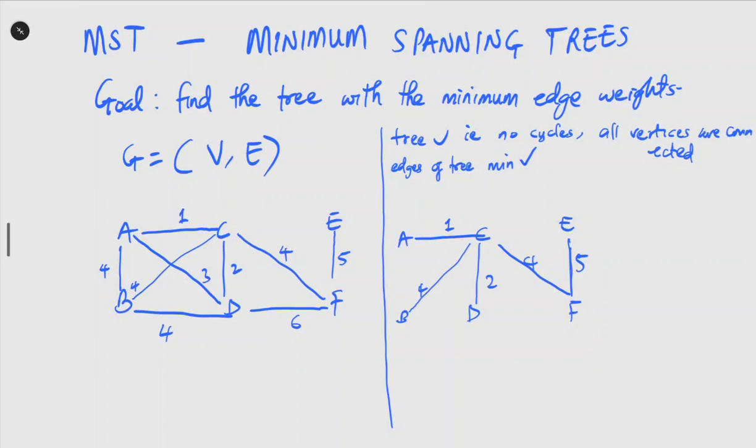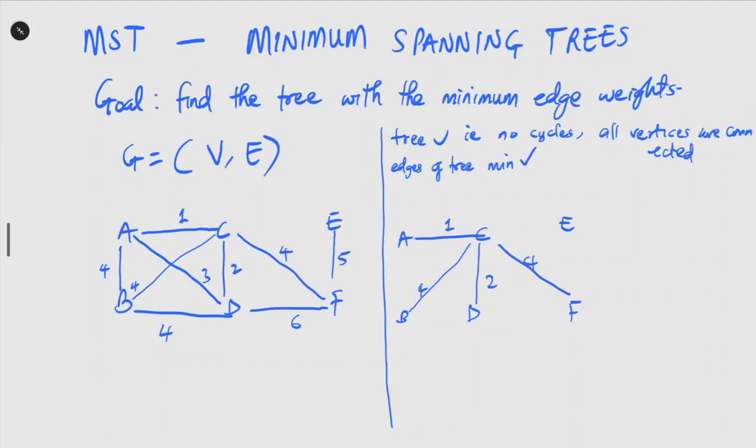So let's confirm that this checks these two boxes. Number one, we want to check that this is a tree. That is, it has no cycles and all the vertices, sorry, are connected. So we have A, C, B, D, E, F, all are connected. We would have had a disconnection if, for example, this was missing.